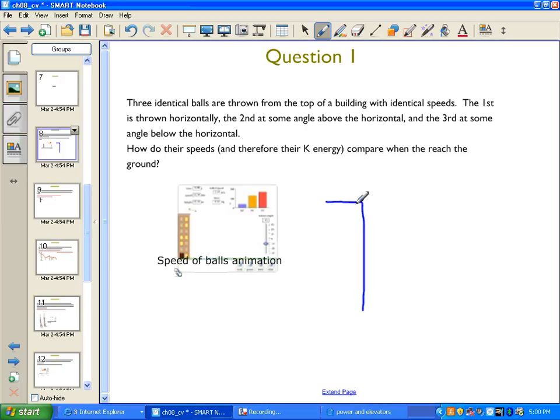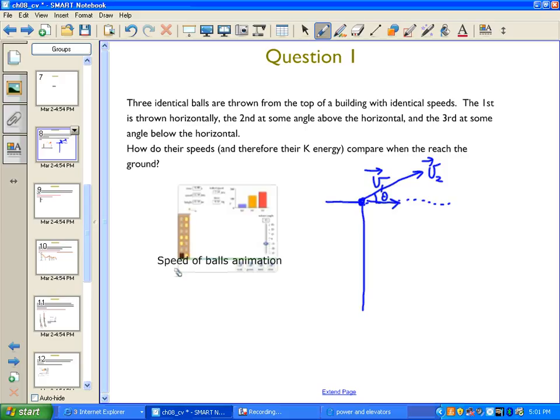If we place the ball right here, a horizontal velocity would be in this direction, and let's call that V1. The second one is thrown at some angle above the horizontal, so the second one would be in this direction, which we'll call V2, at some angle above the horizontal, and we'll allow the horizontal to be the direction of V1.